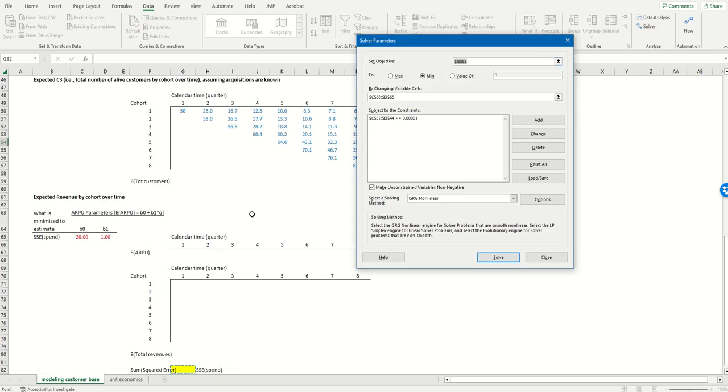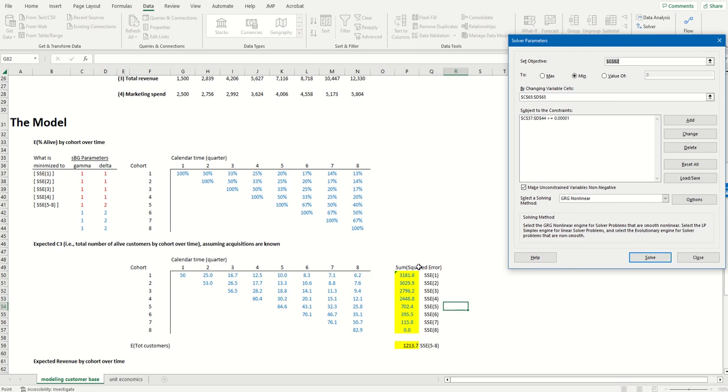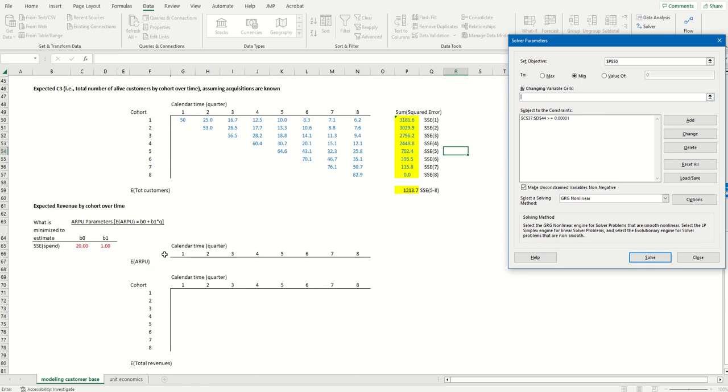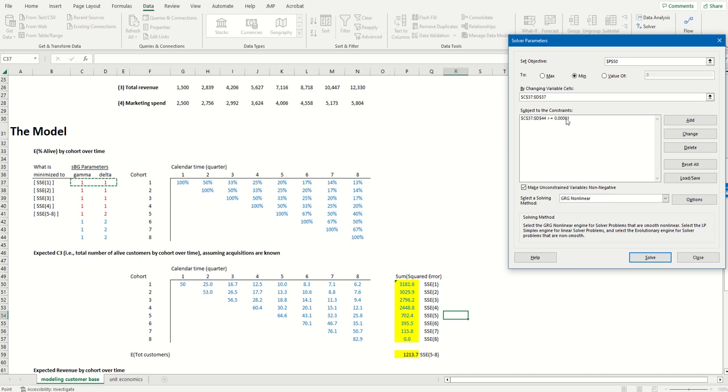For starters, we're going to estimate the parameters for cohort number 1. So I'm going to minimize the sum of the squared error for cohort 1 by changing cohort 1's parameters, where again we're going to operate under the constraint that the parameters have to be strictly greater than 0.